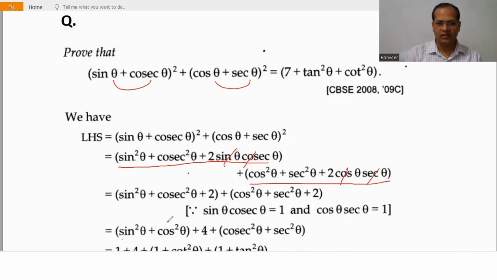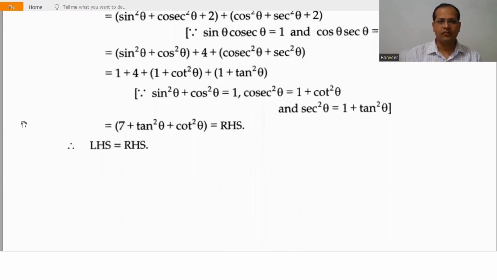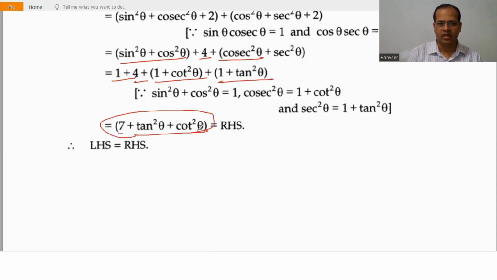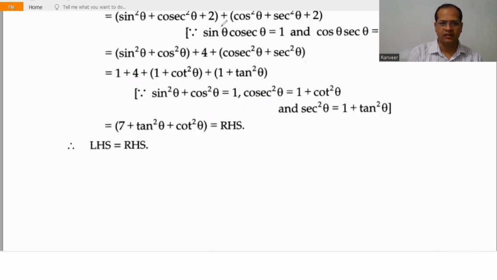So sin square theta plus cosec square theta we have to take from here, plus 4, this plus 2 plus 2, 4. After that, cosec square theta plus sec square theta. Now, this becomes 1. This is equal to 1 plus 4, and 1 plus cot square theta, 1 plus tan square theta. So we can write 7 plus tan square theta plus cot square theta. So this is the RHS value.